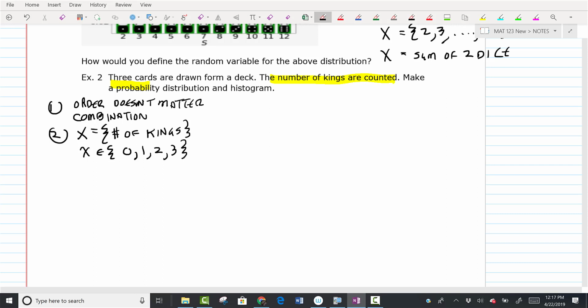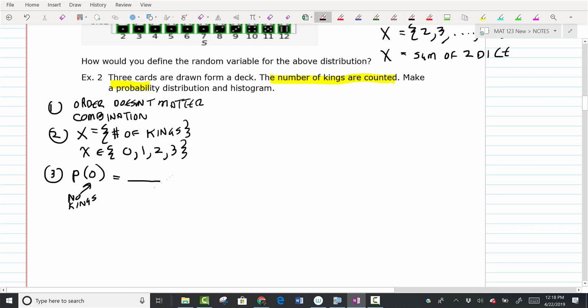Next, we're going to crunch out the individual probabilities. We're going to do the probability of 0, which means no kings. This is where we have to do the combination work. We were working on this quite a bit last time. When you're doing this probability, remember we're drawing 3 cards.